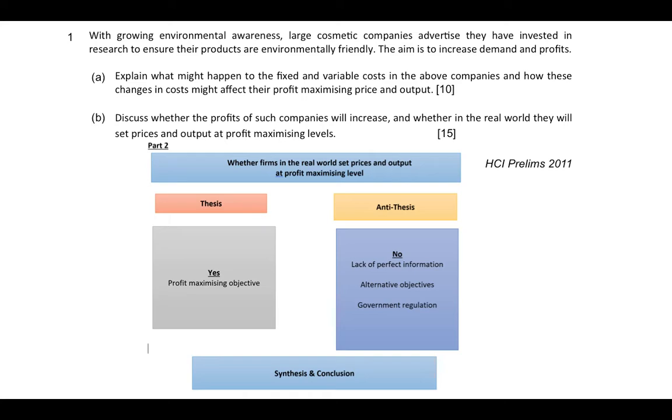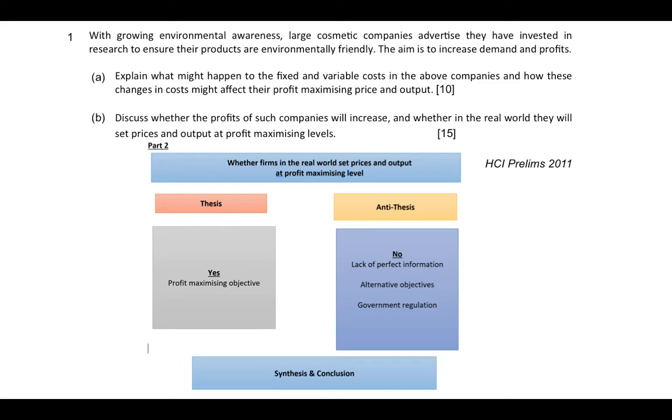Maybe these firms lack perfect information, or they may have alternative objectives, possibly government regulation as well. If so, firms are not able to pursue the profit maximizing objective, and as a result are not able to set price and output at profit maximizing level.